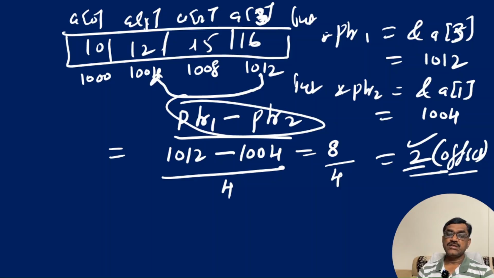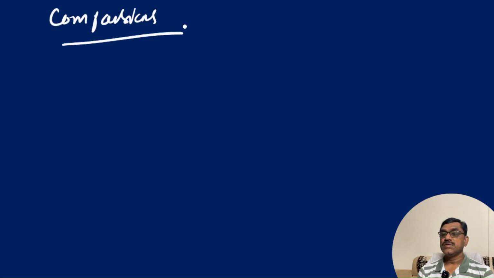After these pointer arithmetic operations, another set of operations we can perform on pointers are comparison operators. When you take PTR1 as one pointer and PTR2 as another pointer, and both are pointing to the same array, then we can perform all the comparison operators: less than, less than or equal to, greater than, greater than or equal to, equal to, and not equal to.